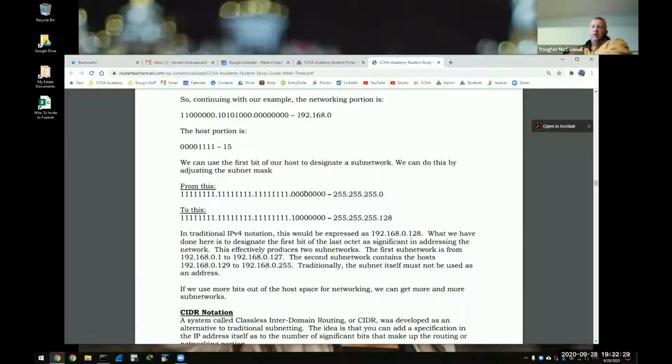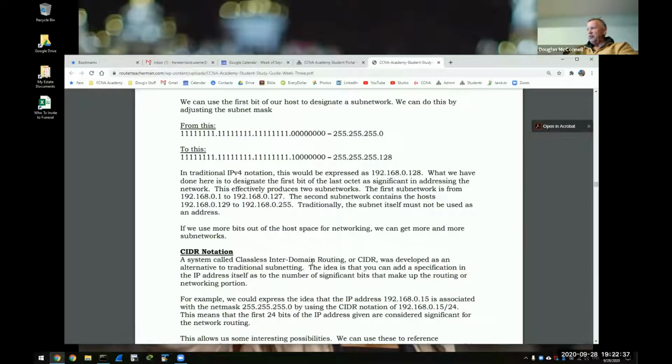Because of the power of manipulating the network bits, they actually came up with a name for it, and they call it CIDR notation. CIDR means classless inter-domain routing. Originally, it was developed as an alternative to subnetting.